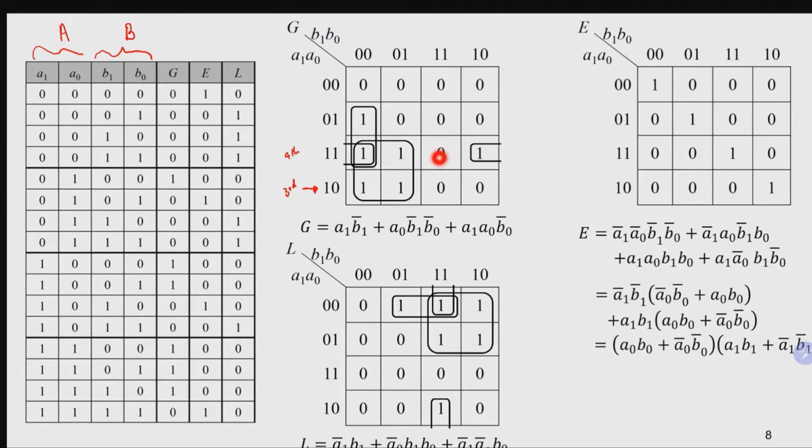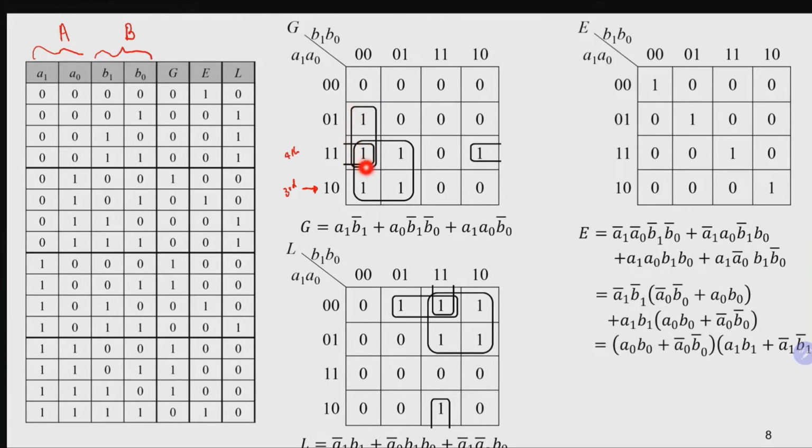Then we can use this K-map to minimize our Boolean function. So we can draw groups of 4 here. So this group of 4 gives us A1 and B1 bar. And then we have a group of 2 here.